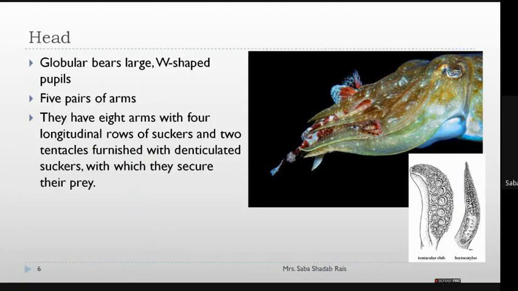You have to note it: I repeat, the left arm of the fifth posterior pair is modified in the male. It is also called hectocotylized.